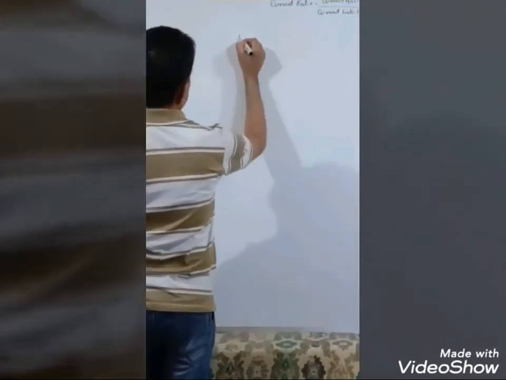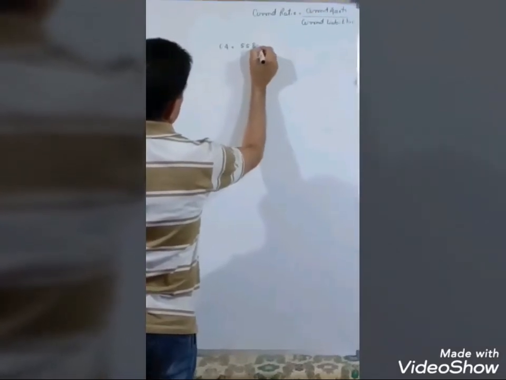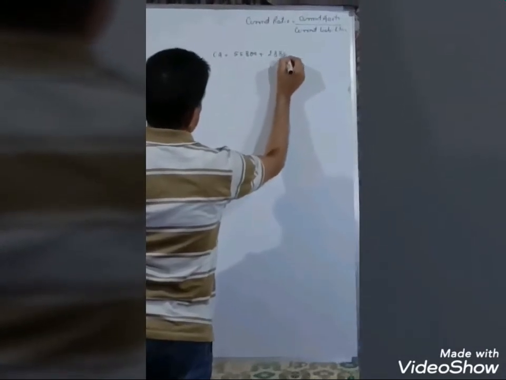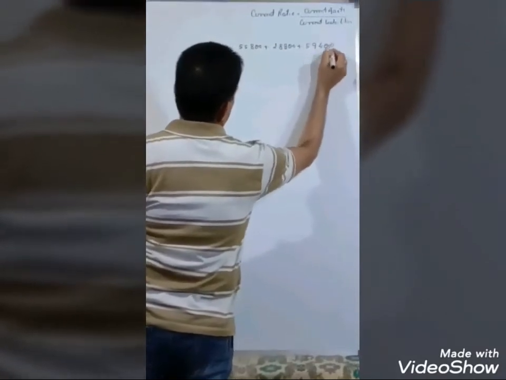So firstly, we have to calculate current assets. Inventories 55,800. Then trade receivables are 28,800. Then we have cash and cash equivalents 59,400.